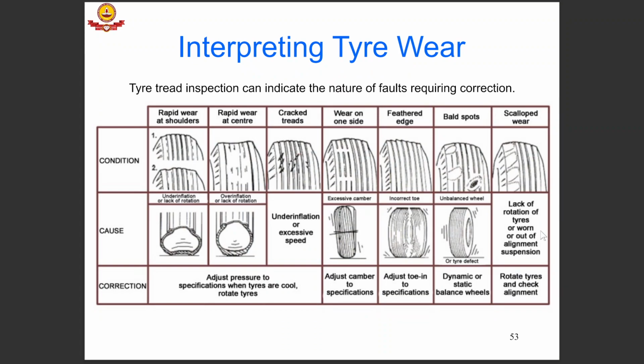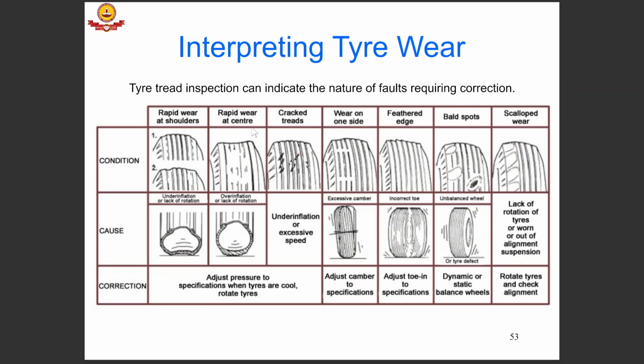If you take a look at a tire which has worn out, there are various conditions which map to different kinds of causes and associated corrections. First there is rapid wear at the shoulders, at these edges. This is like underinflation or lack of rotation.